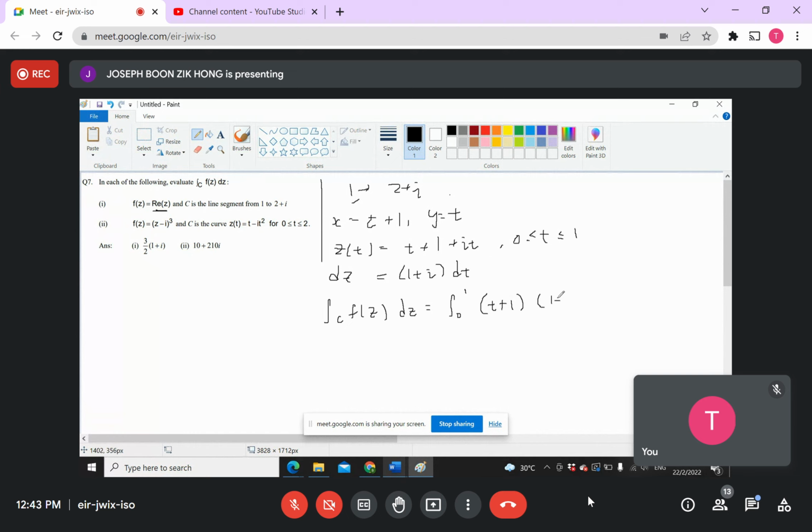The 1 plus i I take outside, but t plus 1 has t, so I cannot take it outside. So I will have t squared over 2 plus t, from 0 to 1, times 1 plus i. Putting 1 inside, 1 over 2 plus 1, so 3 over 2. So this one is my answer.